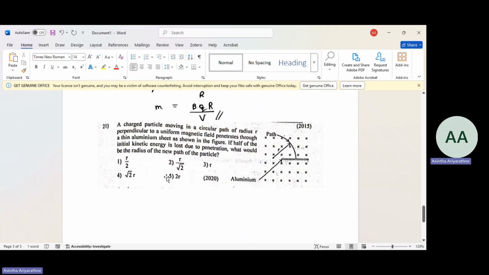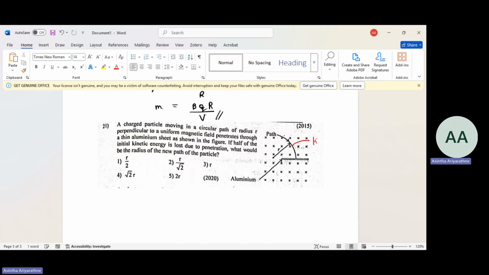Right. Next question: a charged particle moving in a circular path of radius r perpendicular to a uniform magnetic field enters through a thin aluminium sheet as shown in the figure. If half of the initial kinetic energy is lost due to the penetration, what would be the radius of the new path?